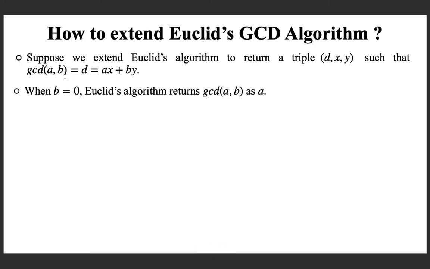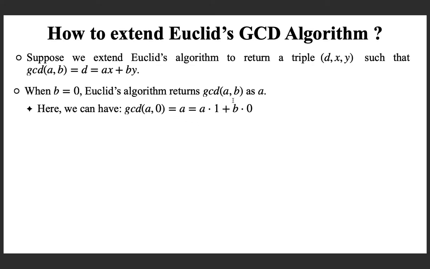Now, when b is equal to 0, the GCD of a comma b becomes the GCD of a comma 0. By definition, it is a. And a can be written as a multiplied by 1 plus b multiplied by 0, where the second term becomes 0, so this is a itself.